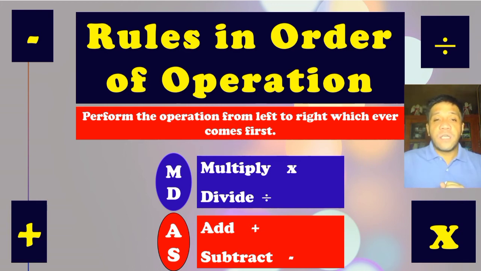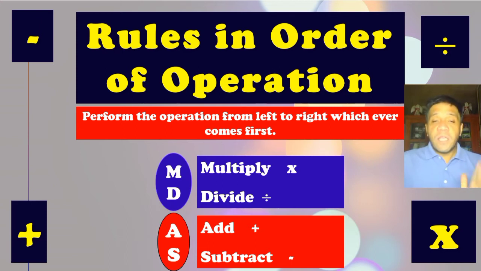It is represented by MDAS. M stands for multiplication, D for division, A for addition, S for subtraction. Notice that M and D are the same color, which means they are paired in one set. The addition and subtraction is also another pair.